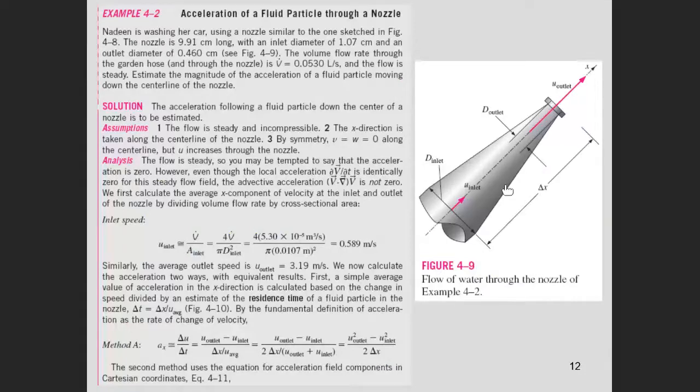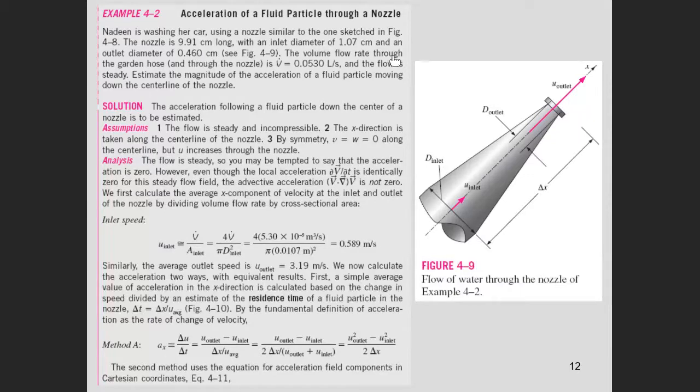Look at this example. Nadine is washing her car using a nozzle similar to the one in the sketch. The nozzle is 9.91 centimeters long, with an inlet diameter of 1.07 and an outlet diameter of 0.46.